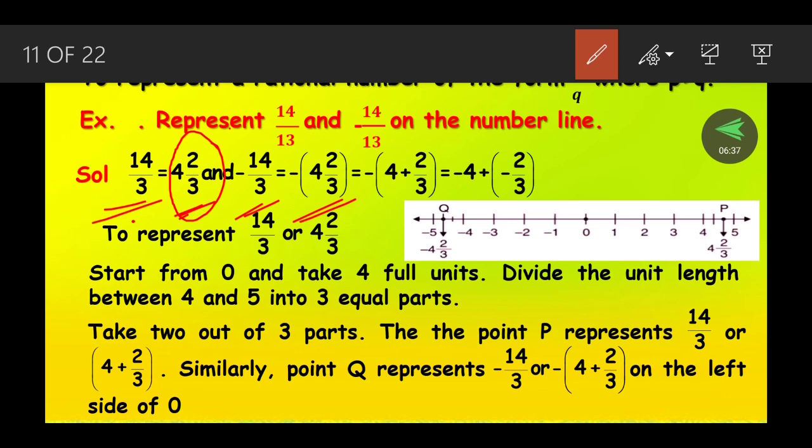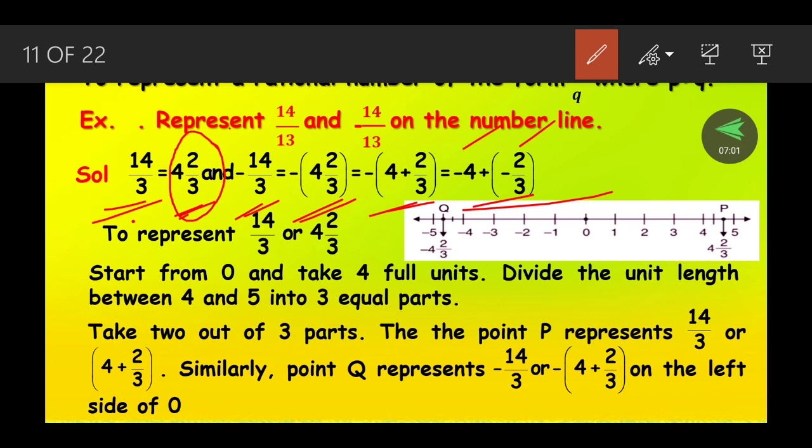But minus 4 2 by 3, how to write? Minus, we take it out common. Inside the bracket we write 4 plus 2 by 3. Again, if we expand it, minus will come for 4 and minus will come for 2 by 3. It will become minus 4 plus minus 2 by 3.